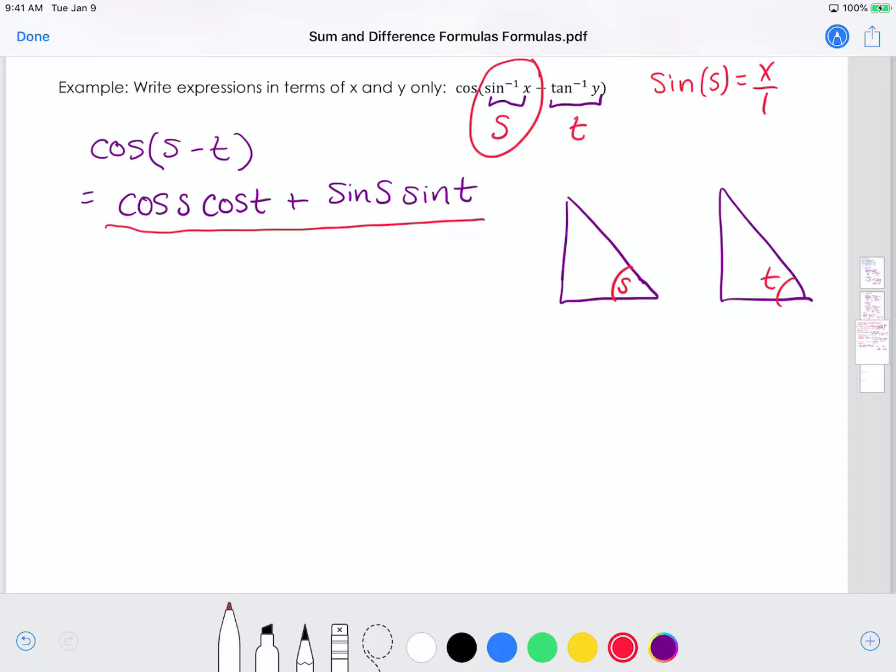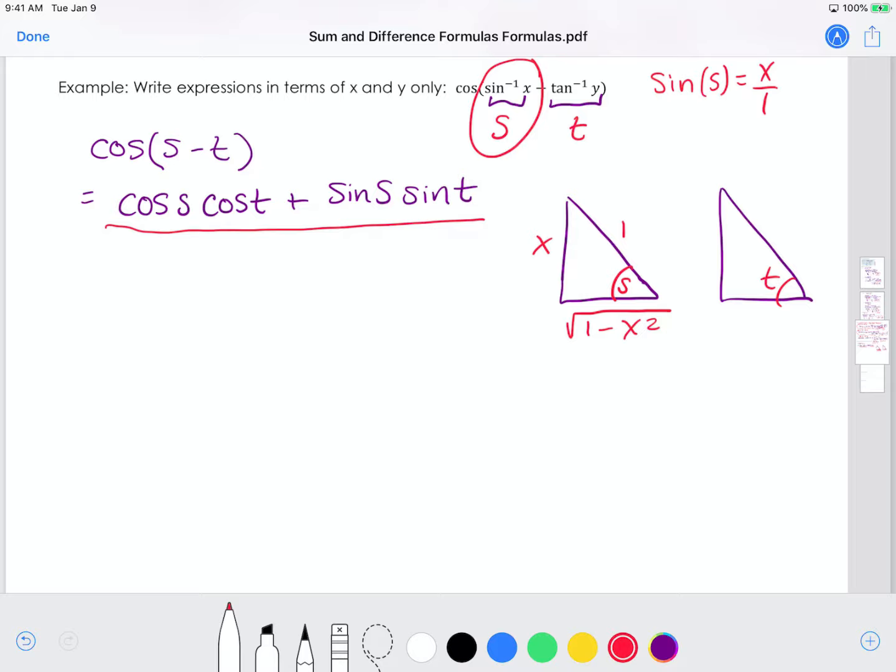And since sine is opposite over hypotenuse, I have x as the opposite side of S and 1 as the hypotenuse. Then I've got to find the other leg of that triangle using Pythagorean theorem. So when I do that, I'm going to get the square root of 1 minus x squared as my other leg.